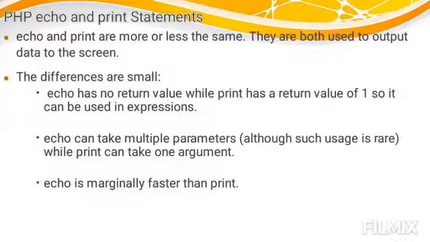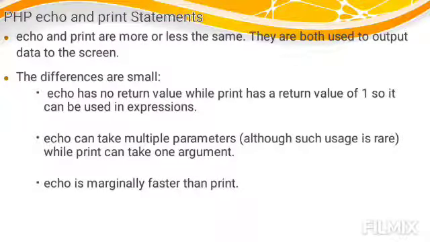Then what is the difference between the echo and print statements? Echo and print statements are more or less the same. They are both used to output data to the screen. The differences: echo has no return value while print has a return value of 1, so it can be used in expressions. Echo can take multiple parameters while print can take only one argument.